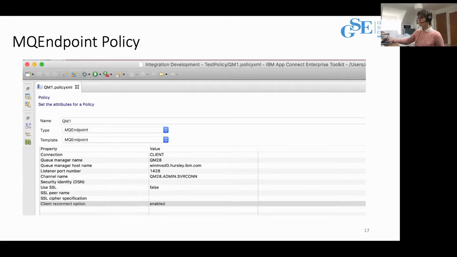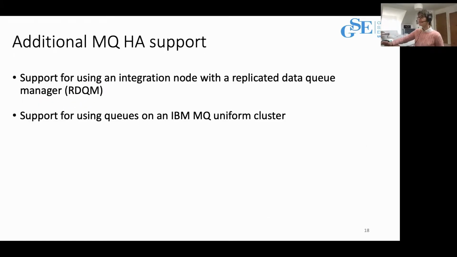So this isn't new to version 10, but for version 10, we have added some extra support for the various MQ high availability scenarios. So we've added support for using replicated data queue managers. This is a Linux thing. This is when you've got your three Linux queue managers all running together for high availability with failover and such.